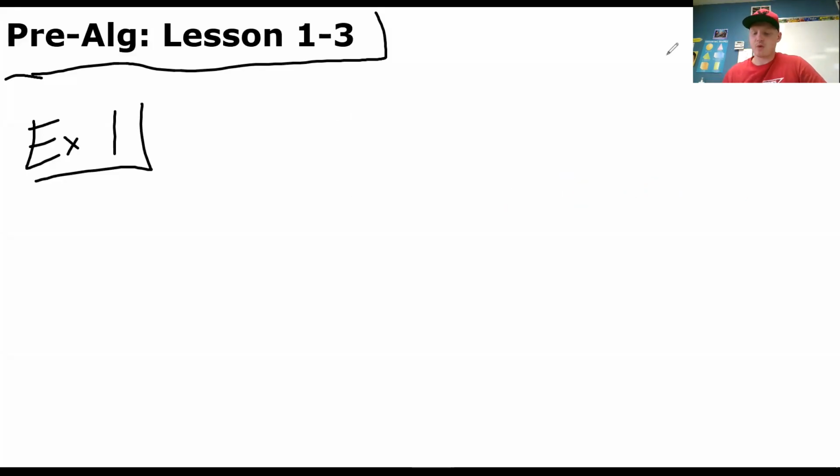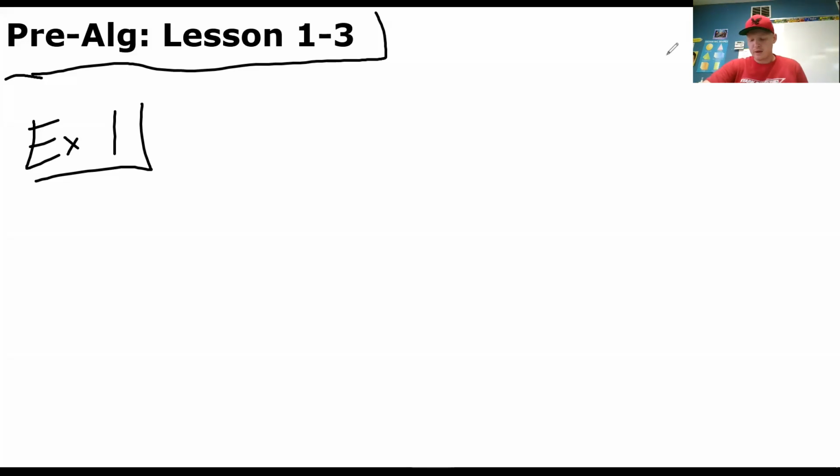Example 1, if we look here, we have a new key concept. Page 19, do these properties apply to subtraction or division? One way to find out is to look for a counterexample. A counterexample is an example that shows a conjecture is not true.